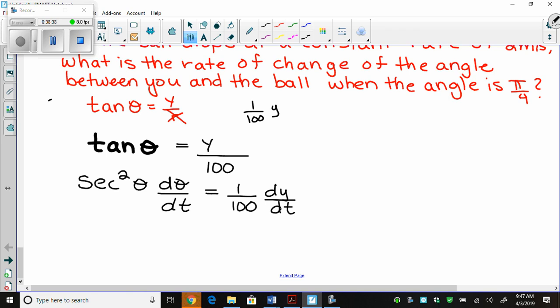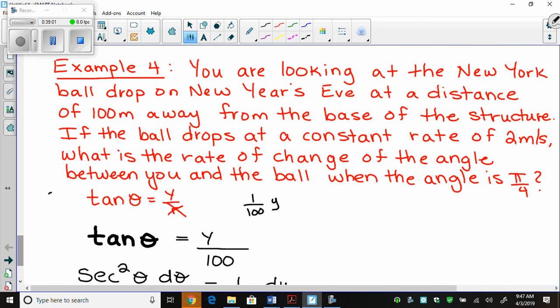And the change in rate is what? Secant squared pi over 4, which is the same as secant pi over 4 squared, right? And then what was the change in rate? 2 meters per second. Ball drops.